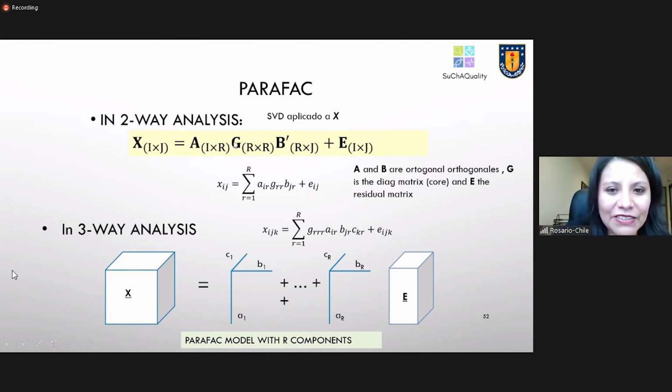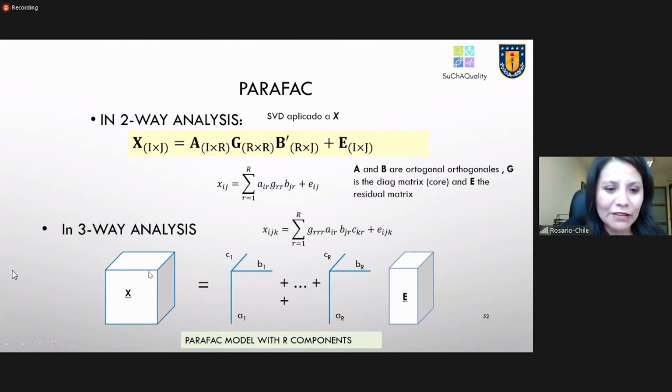I have here scores, A multiplied by G is scores, it's the same, and B is the loadings. So I have exactly the same, but now in place of this matrix G, a diagonal matrix, I have here a cube, and the decomposition will be done regarding the number of components.